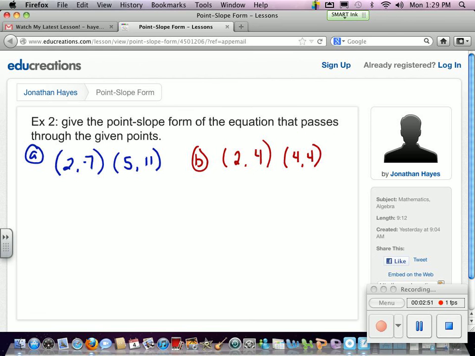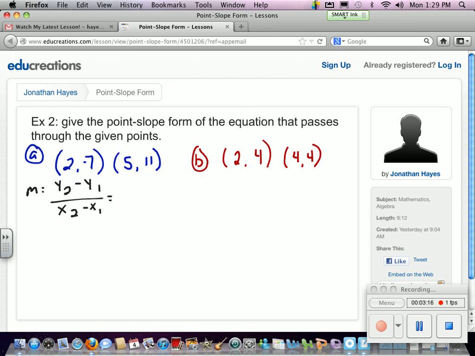Alright, so in example 2, we're supposed to give the point-slope form of the equation that passes through the given points. The only difference between these two problems and the last two problems is that we're actually going to have to figure out the slope first, which is a skill that we should already have at this point. The slope is y2 minus y1 over x2 minus x1.